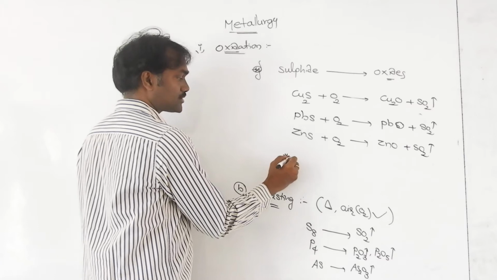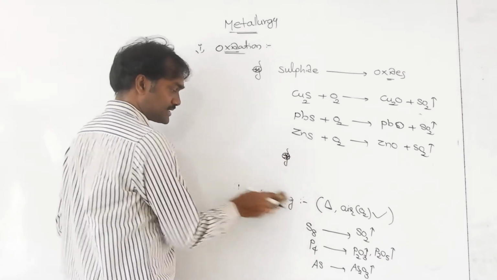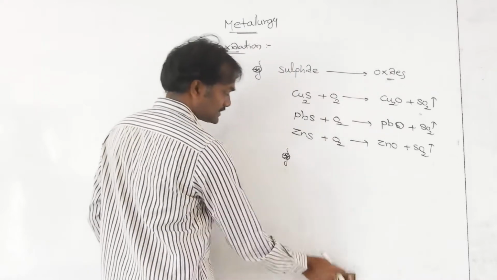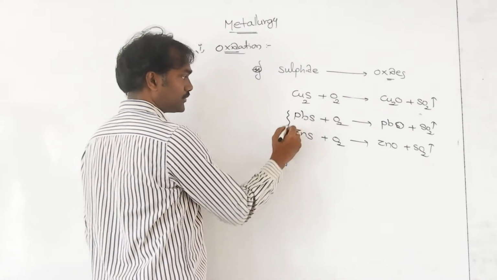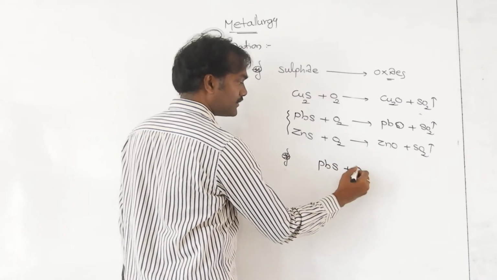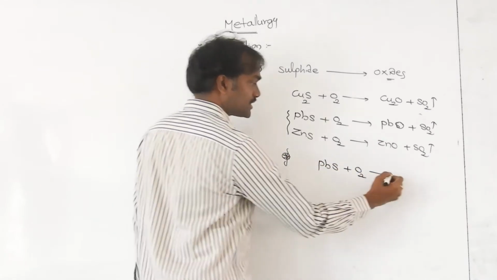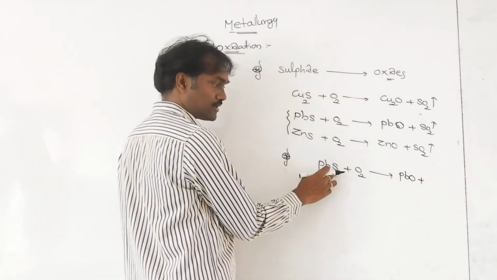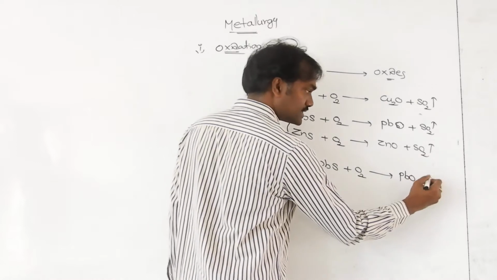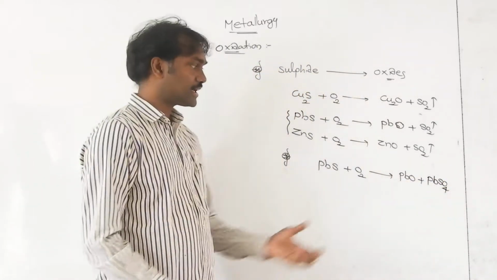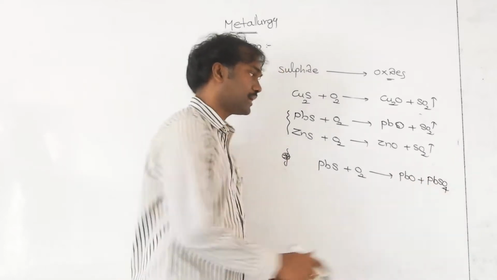Some problems also happen in some compounds. Take these two examples only. PbS is treated with oxygen. Some amount goes to PbO, and some amount of sulfur reacts with oxygen and you get PbSO4. So some other impurity is forming.